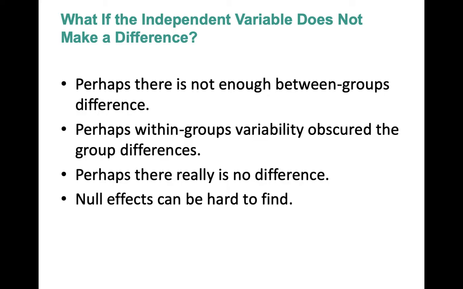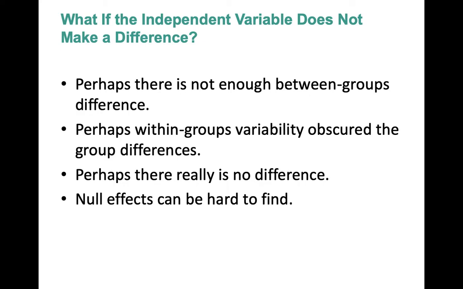Over the next 3 slides, I'm going to talk about some examples from hypothetical studies that were found in the Morling chapter that found null effects. And then I'll use these 3 examples to review 3 major possibilities.